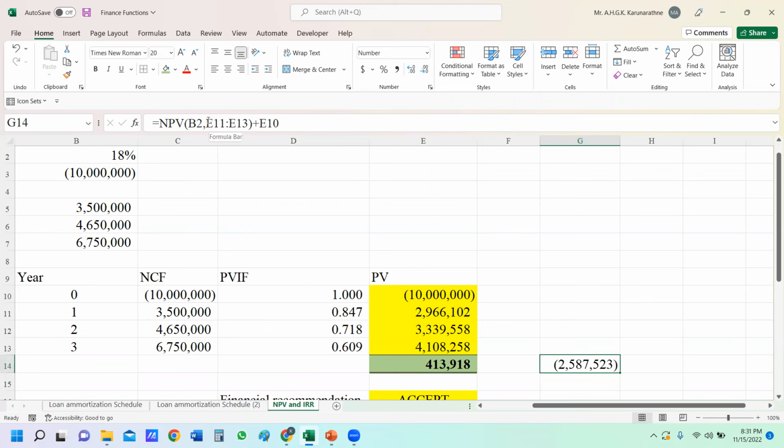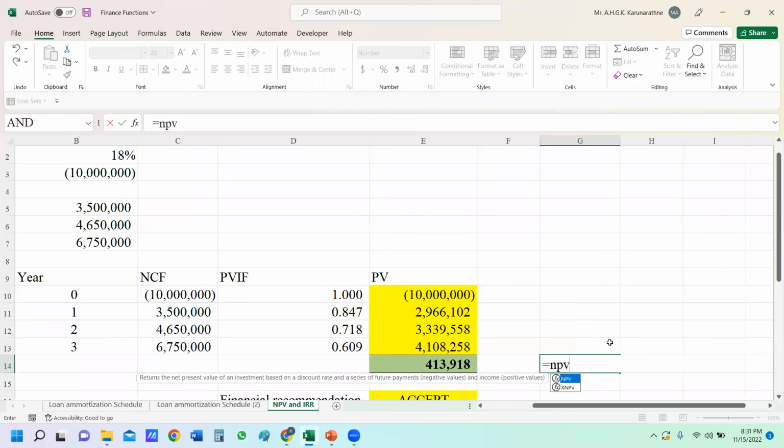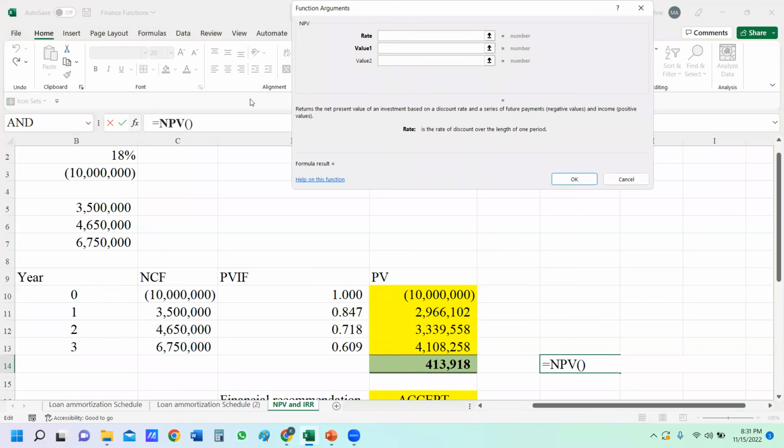Here we check again. NPV. Rate is 18%. Values: we put the present values.